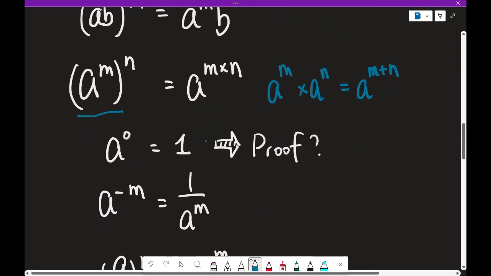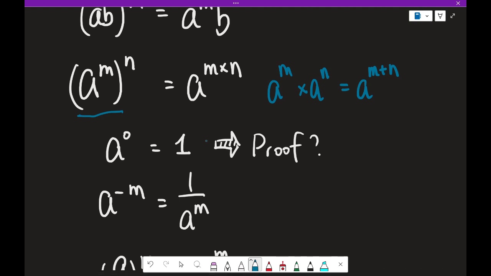Next, a to the power of 0 equals 1. Any nonzero real number to the power of 0 gives us 1. How can we prove this? Let's take a look at the following pattern. What do we get from 3 to the power of 5?